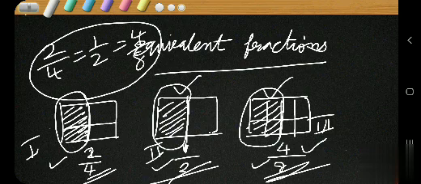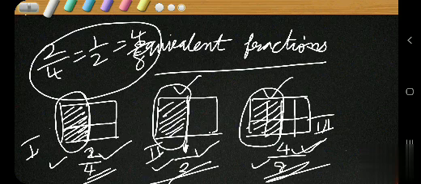On seeing the fractions, we may think that 2 by 4 is not equal to 1 by 2, that is not equal to 4 by 8. Just from a glance, we may think these fractions are different, but actually are they different? No, they represent the same part of a whole.